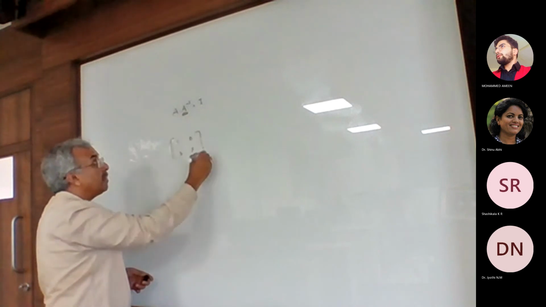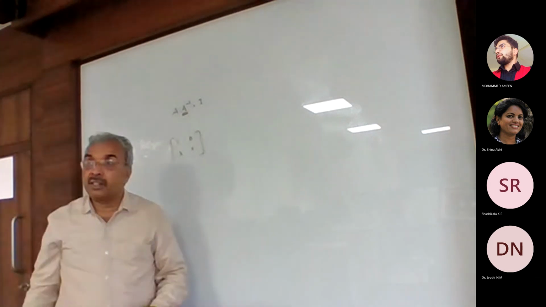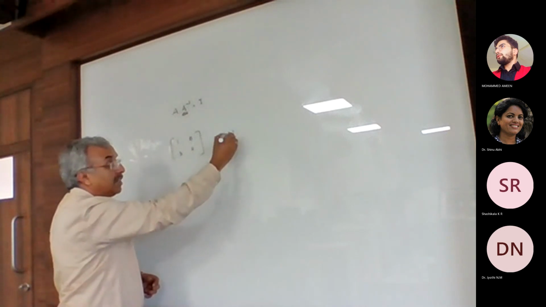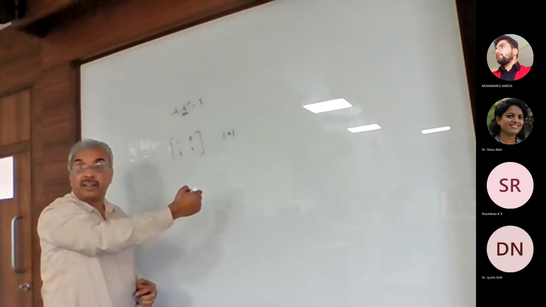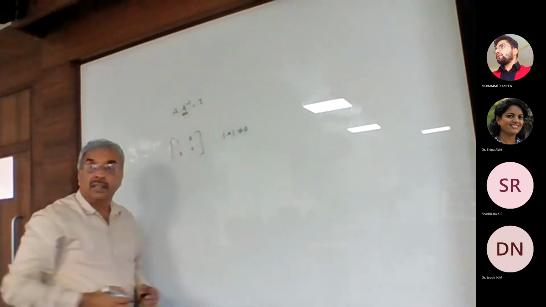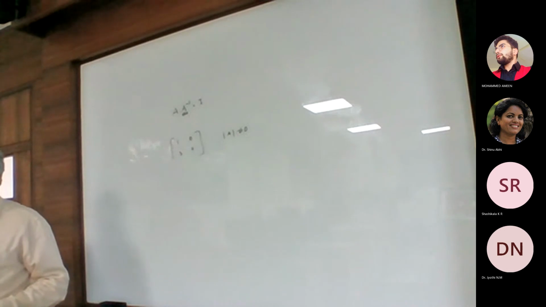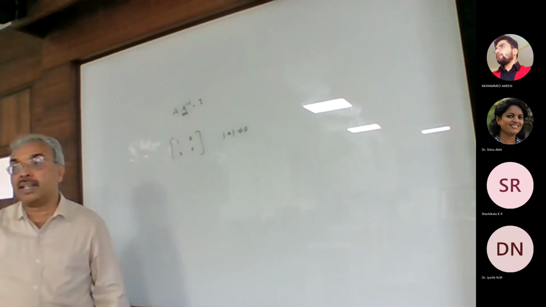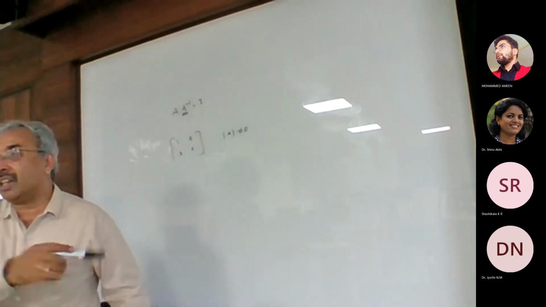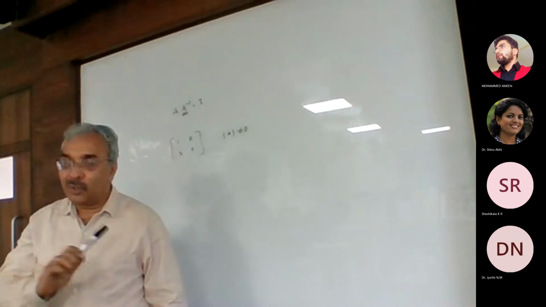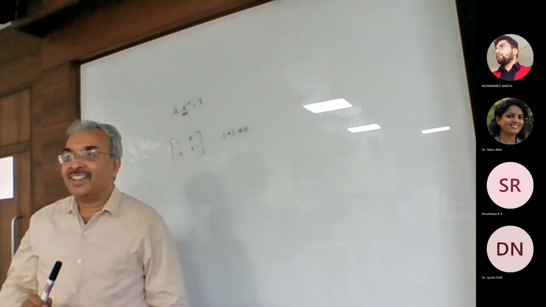This may not have any inverse, because for the inverse to exist, the determinant of A should not be equal to 0. If it is equal to 0, there exists no inverse. Then we go for what is called a pseudo inverse. We will not touch pseudo inverse, but most of the times we build only pseudo inverse. We don't use inverse.